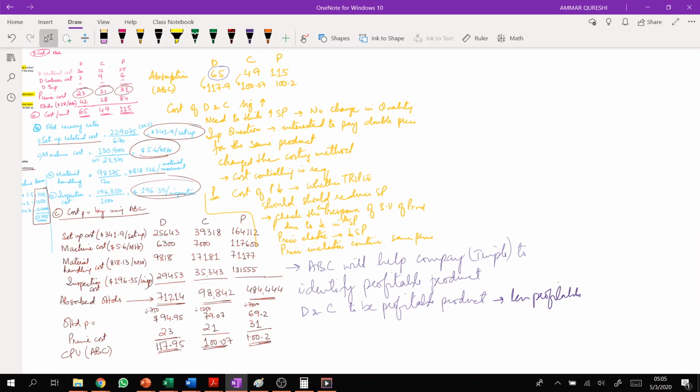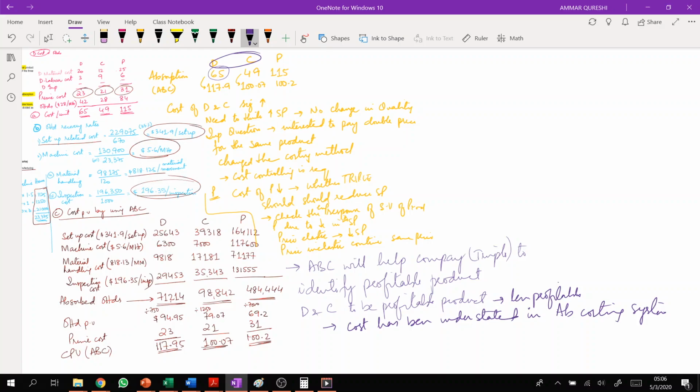Because we can see that their cost has been understated in the traditional absorption costing system. So two products which we were thinking were profitable are actually not profitable.